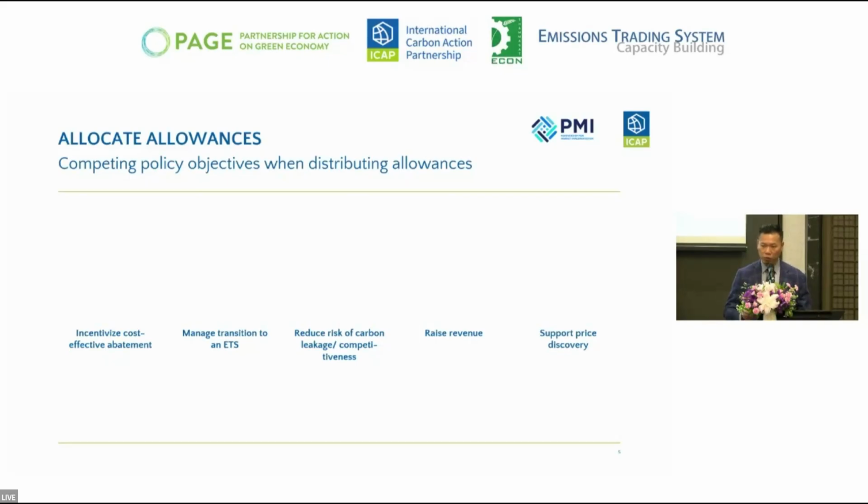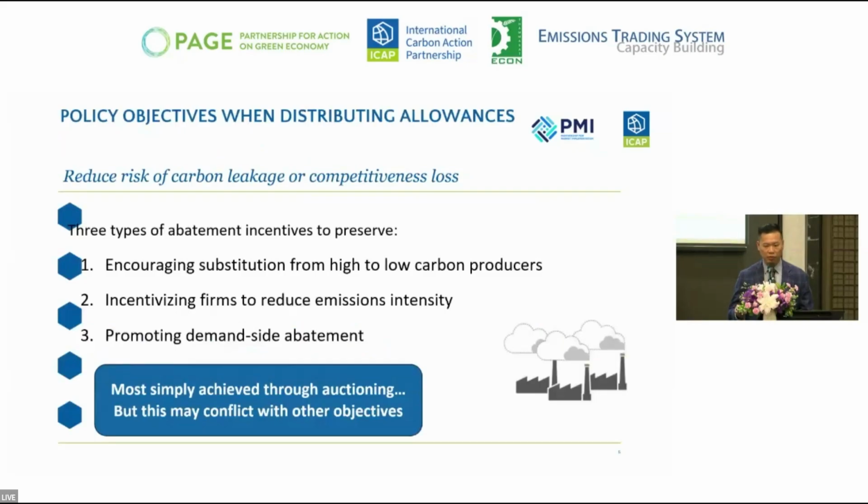We also want to raise revenue for the government and invest in other low carbon areas, to help the low carbon transition. And also through allocation, through trading, we want to support price discovery, to find out what is the appropriate carbon price for the market.